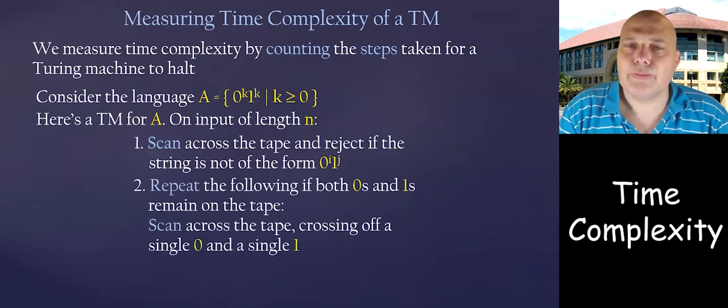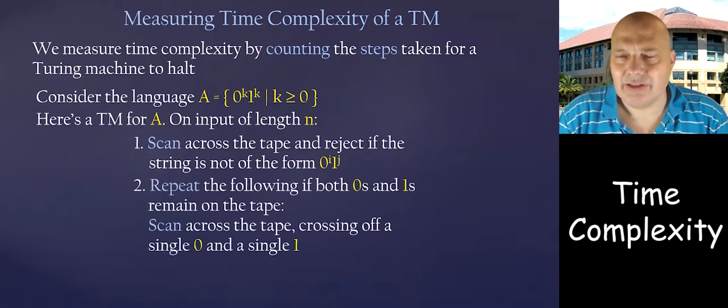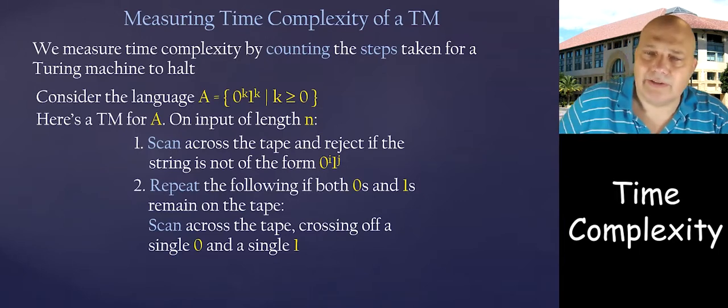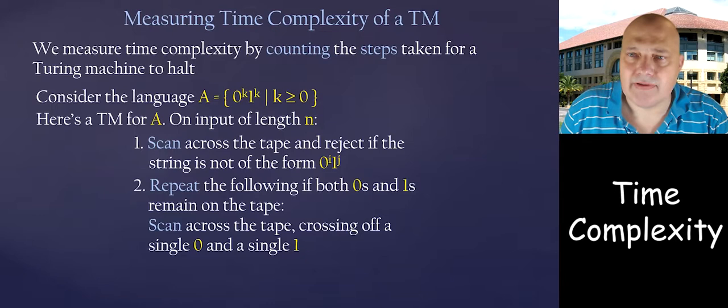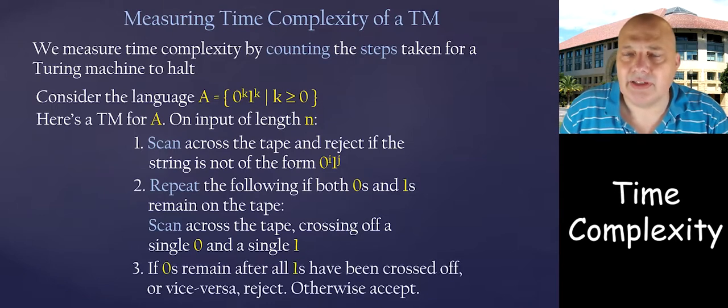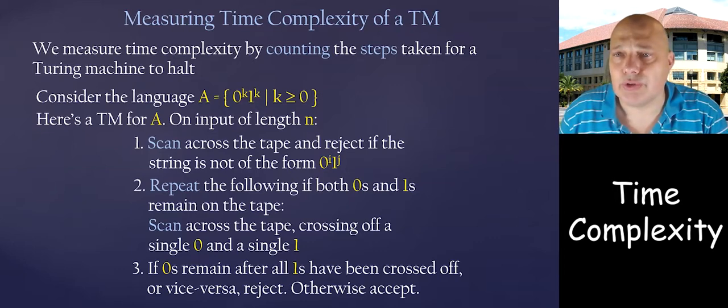Then we're going to repeat the following as long as there are both 0s and 1s on the tape. We're going to scan across the tape, crossing off a single 0 and a single 1. And if there is a 0 remaining after all the 1s have been crossed off, or vice versa, you're going to reject.